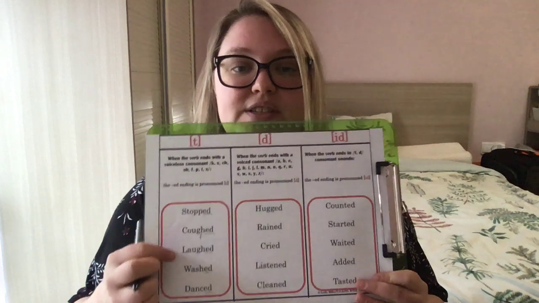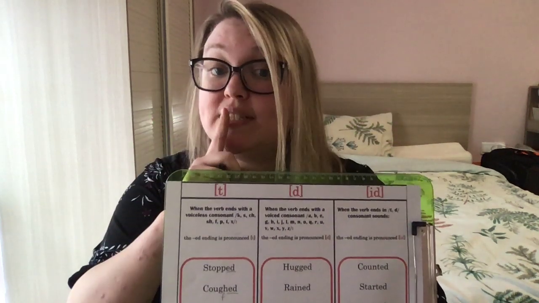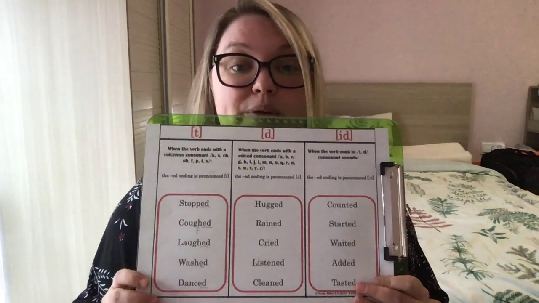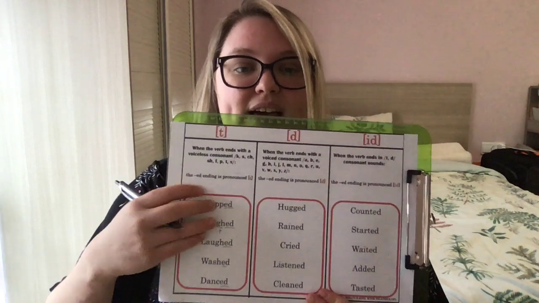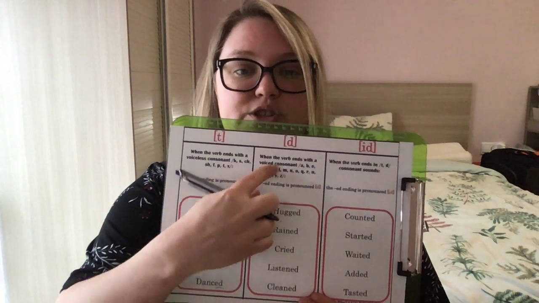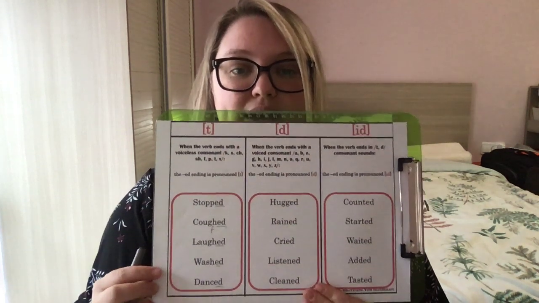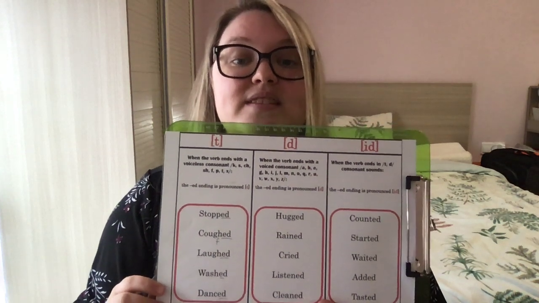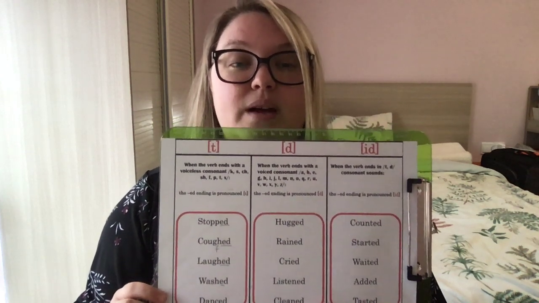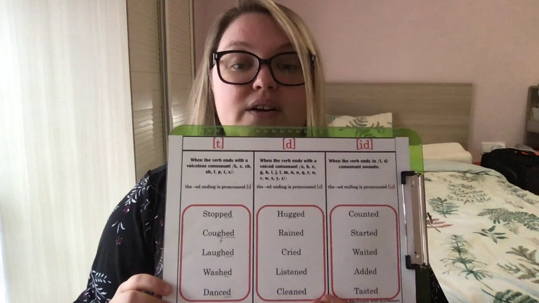Now, these are the T sounds. They are voiceless, okay? There will be a video to explain that. That is the T. Now, let's move on to the D, okay? So when the verb ends with a voiced consonant, that means that you can hear it.